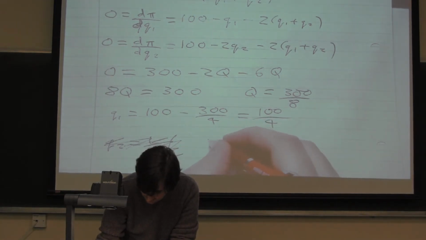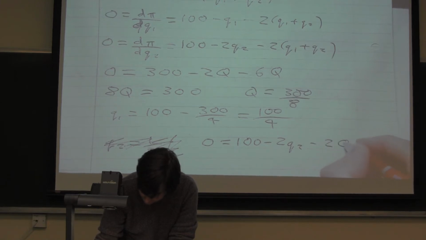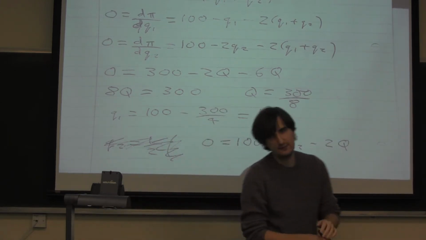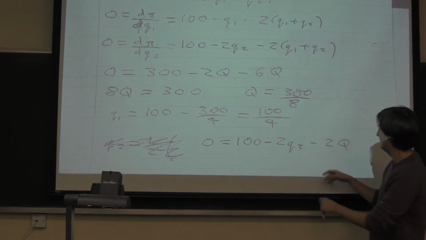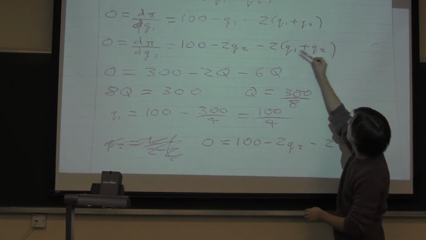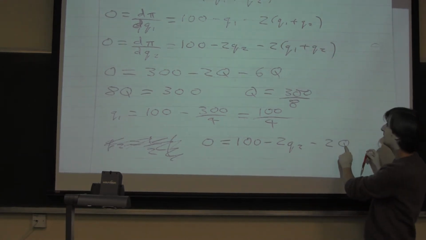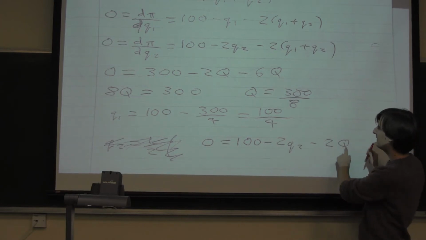Let's look at the second first order condition, and go a bit slower. This is the second first order condition. All we've done is replace Q1 plus Q2 with capital Q. Capital Q, we know what it is.